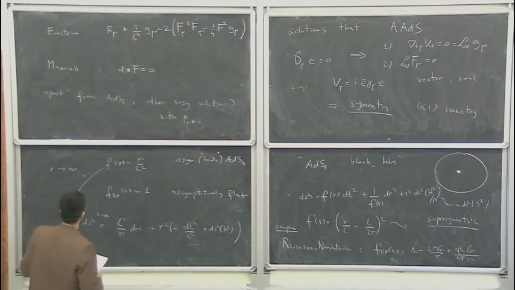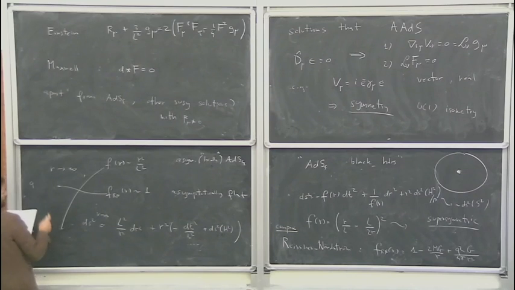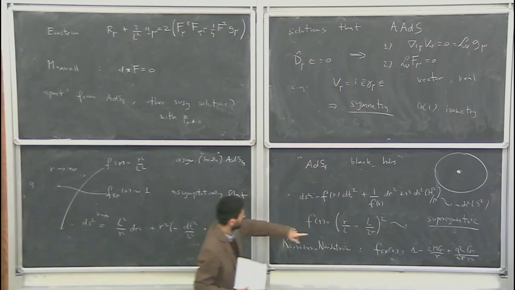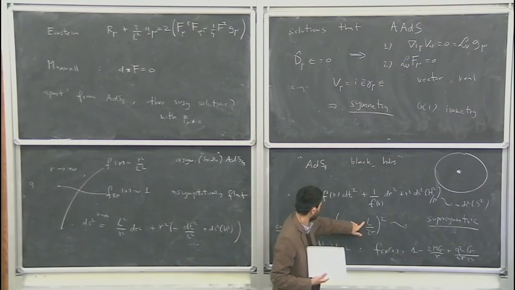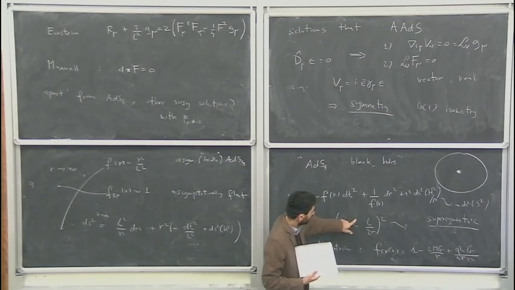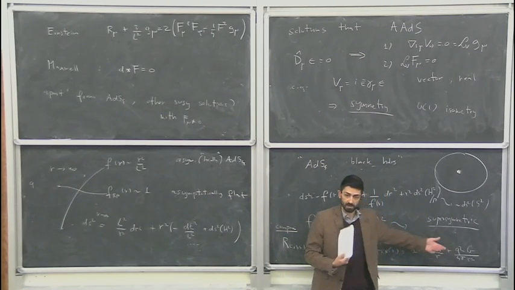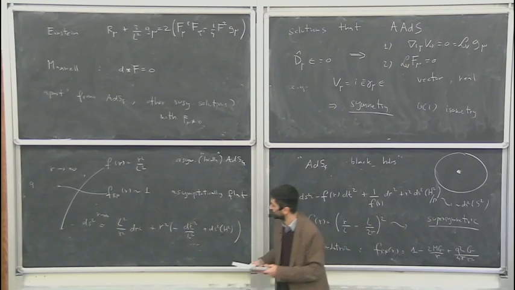Also, note another fact: there are 2 parameters here. Here there was only 1 parameter, which is the same as the cosmological constant, and essentially it's the same parameter that enters here. But if you compare with the parameters which enter in the Reissner-Nordström metric, you will find out about the physical significance of these parameters.